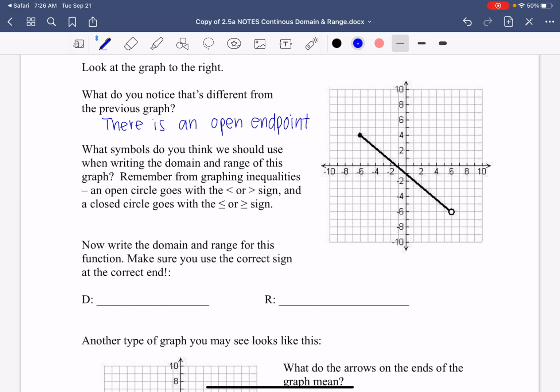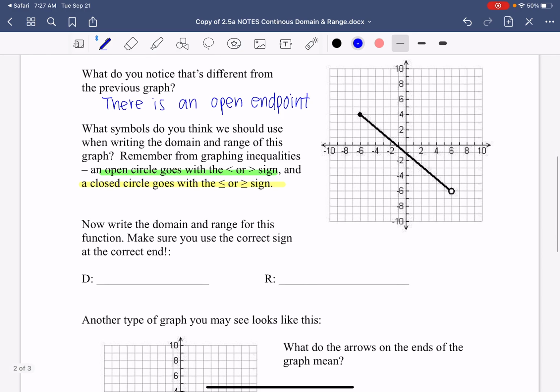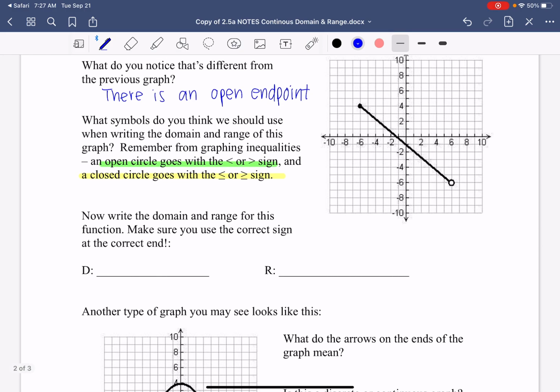When we are graphing inequalities, an open endpoint would mean that we would use our greater than or less than sign, and then a closed circle goes to the greater than or equal to and the less than or equal to sign. So on one of the points, we're going to use the greater than or equal to, less than or equal to, and then the other point is going to be just greater than or less than. So we just have to be careful on which signs we use, because on this one, we will use both.